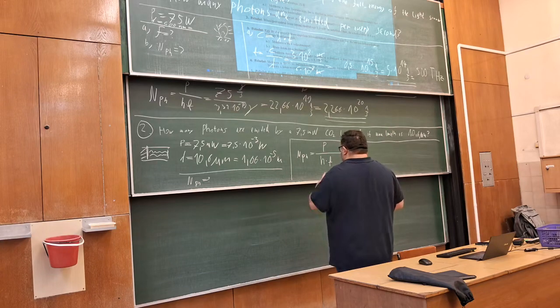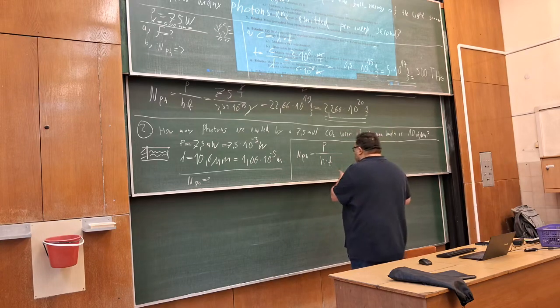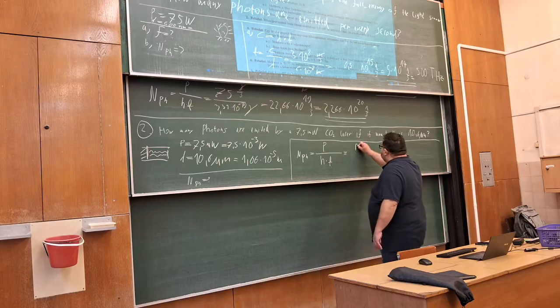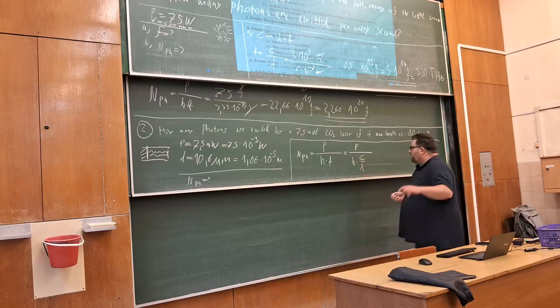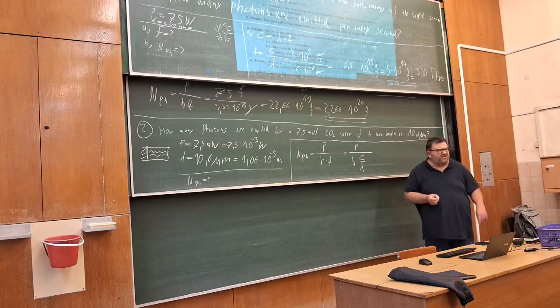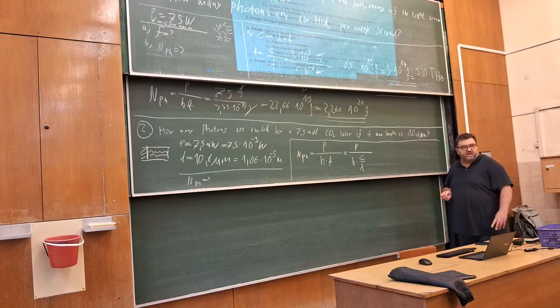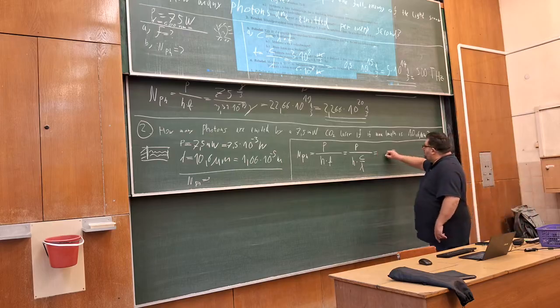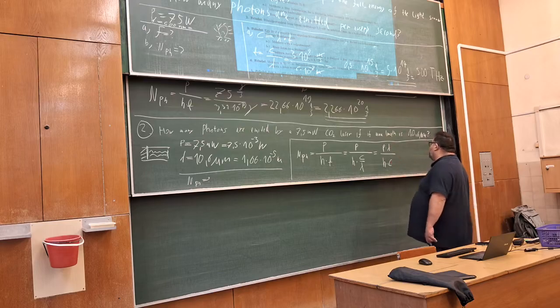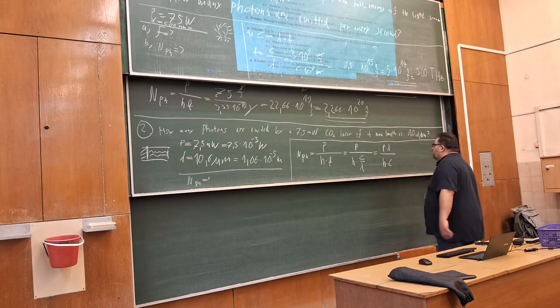We don't know the frequency of this, but we will know very soon, because this is nothing more than c per lambda. You remember, I hope you remember, from mechanics, the propagation speed of the wave is the frequency times the wavelength. Well, actually I'm almost finished, so I can finish it.